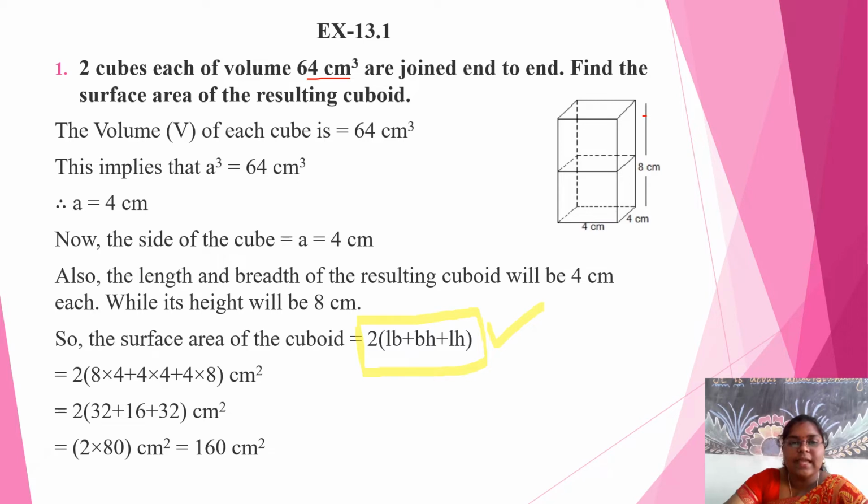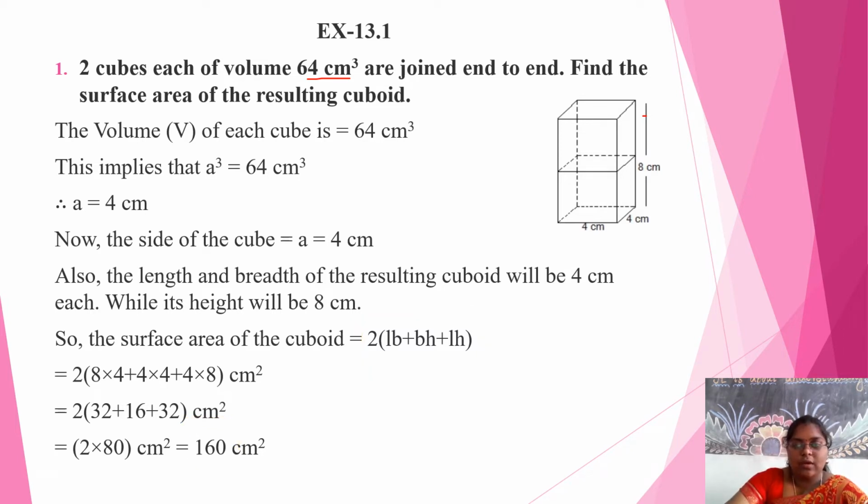While substituting and simplifying, we are getting 160 centimeter square. So this is the surface area of the cuboid we had to find.